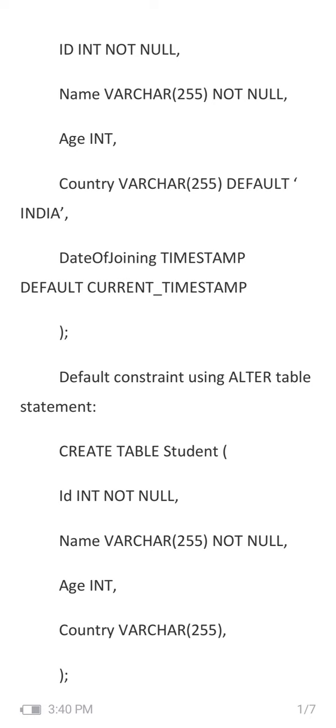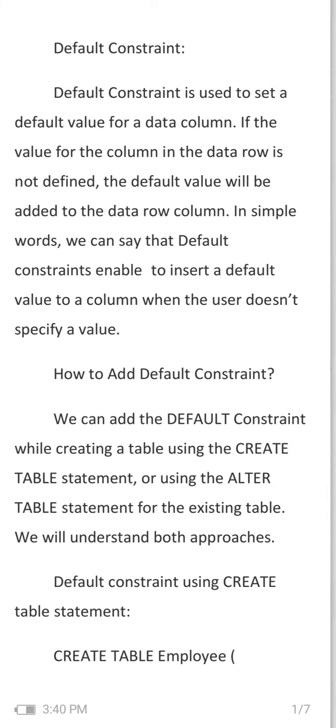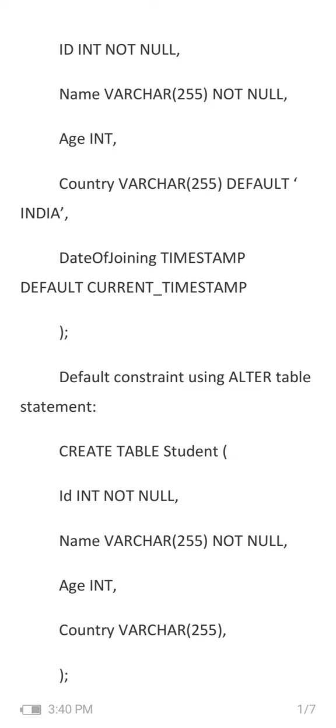So here I have created a table, create table employee. In this I have defined id, name, age, country and date of joining. In date of joining I have defined timestamp as the data type. If a user does not enter any date in the date of joining field, it takes the current timestamp, that is the current date and time.